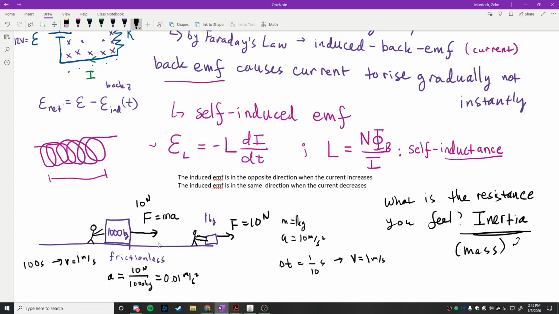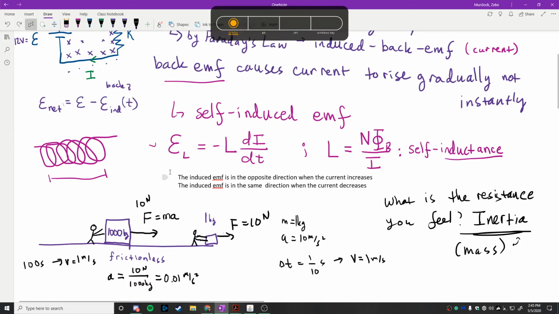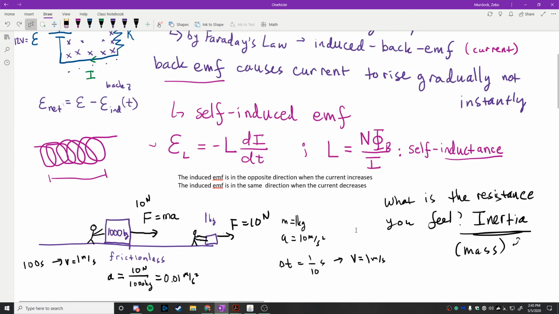Alright. So now that we have this analogy in front of us, I want you to think about what I just wrote right here, okay? I want you to look at that statement right there. And I want you to think that instead of the word induced EMF, you replace that with the applied force, right? It's the EMF that's the part that's weird, I guess. I can't complete the analogy right now. The point is that this concept of induced EMF occurs due to something that we call inductance.